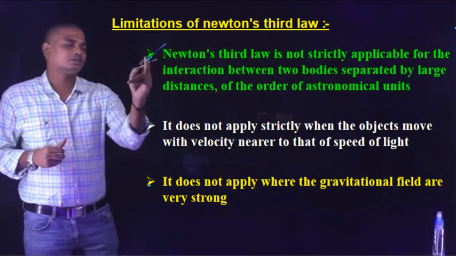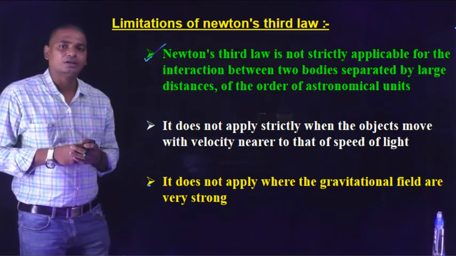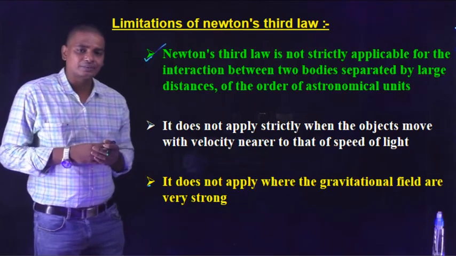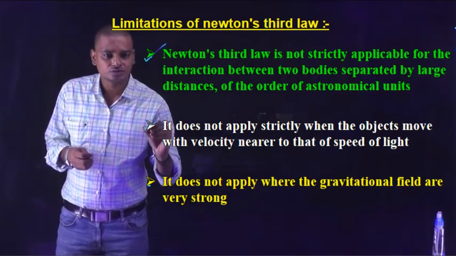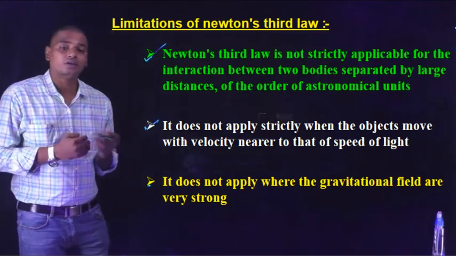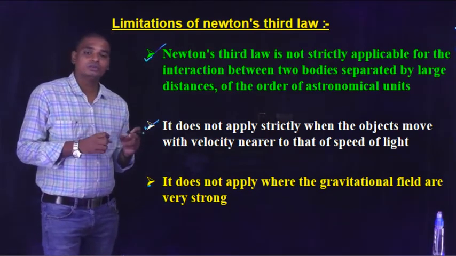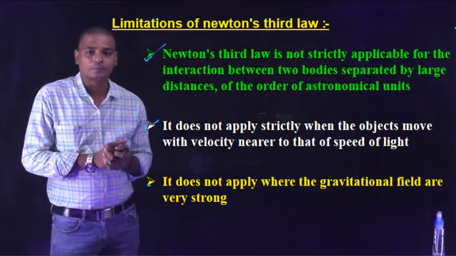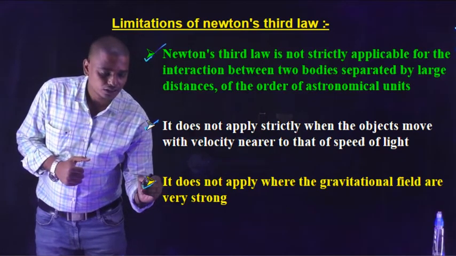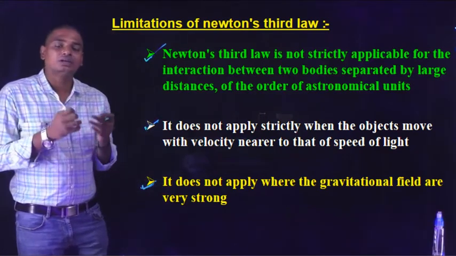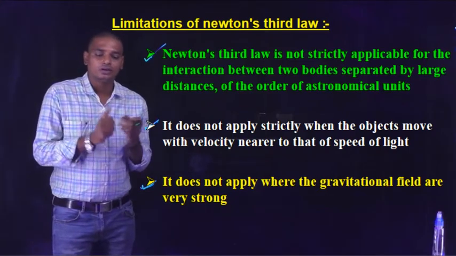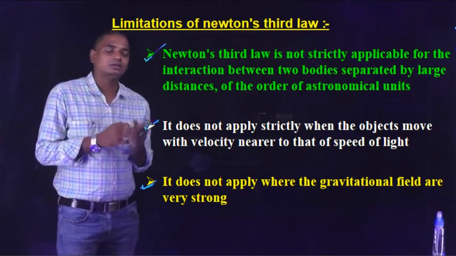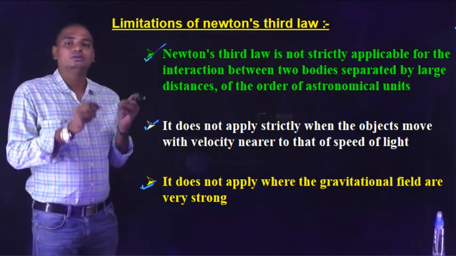The second limitation is it does not apply when the objects move with the velocity of light or nearer to the velocity of light. And the third limitation is it does not apply where the gravitational field is very strong. These are the limitations where we cannot apply Newton's third law.